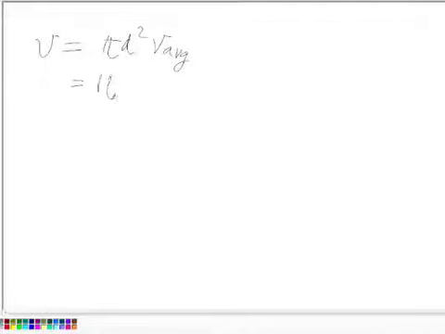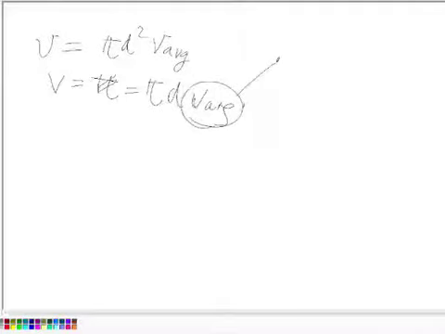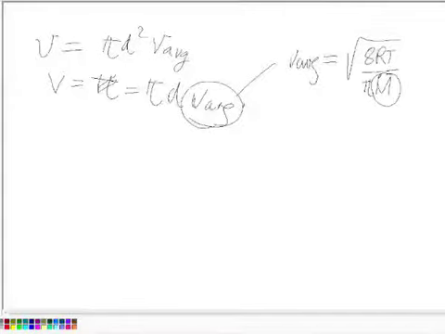We only assumed that one molecule moves, that's why this is only one molecule mass m.